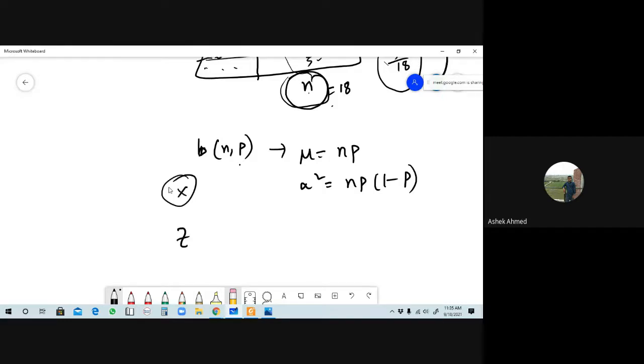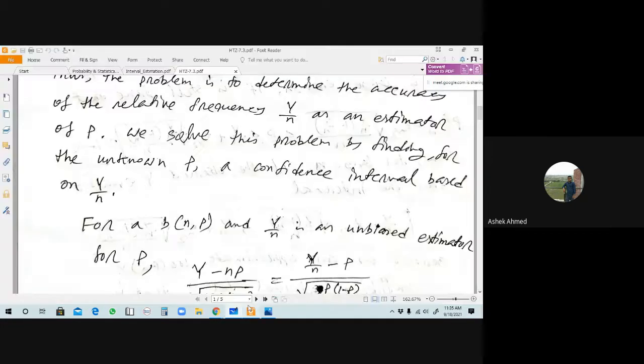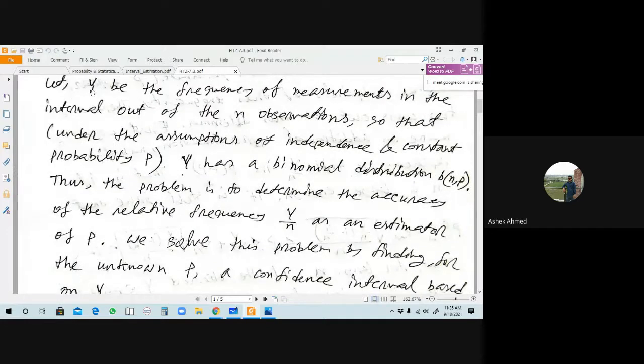Here x represents the variable of the binomial distribution, and z is the standard normal variable. In that case, this x will be y, the frequency.